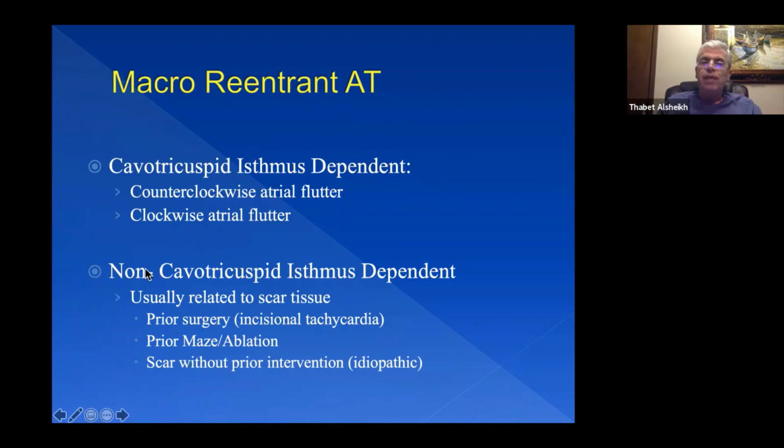Or it could be reentry not dependent on the cavo-tricuspid isthmus, and usually related to scar tissue, either due to prior surgery, like the example I showed you around the incision scar, which we call incisional tachycardia, or prior surgical ablation or catheter ablation, like the other examples I showed you, or scar without prior intervention, just remodeling and fibrosis in the atria due to dilation or cardiomyopathy.